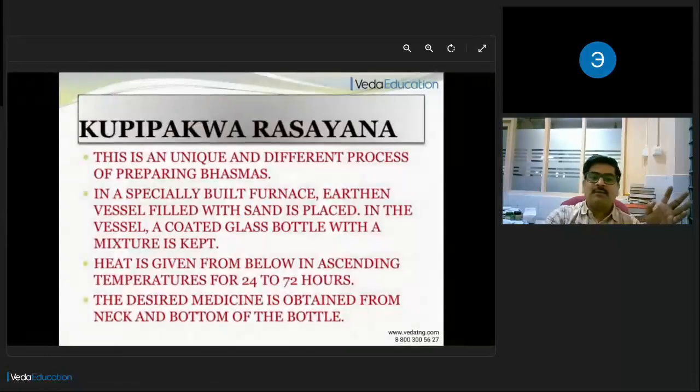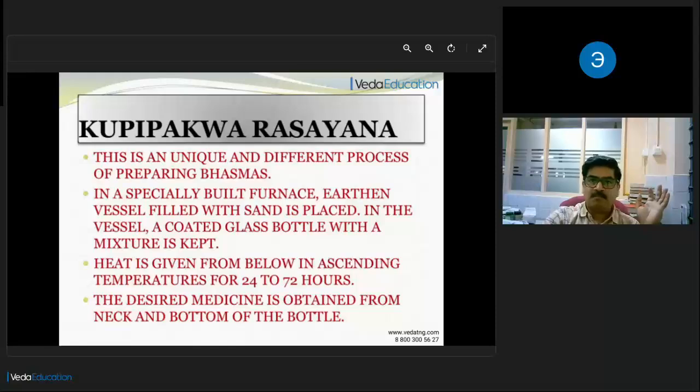So this is Kupipakwa Rasayana, a unique and different process of preparing Bhasmas. In a specially built setup, furnaces are used in the preparation. The temperature used during this preparation goes up to 600 to 700 degrees Celsius.